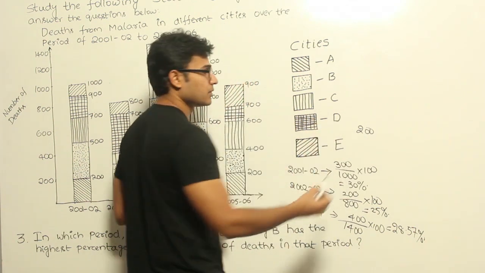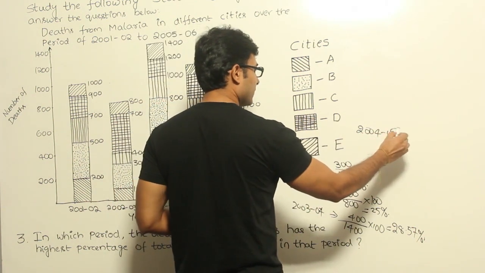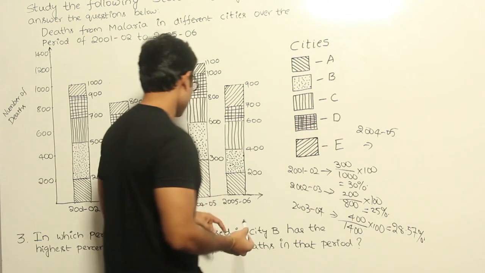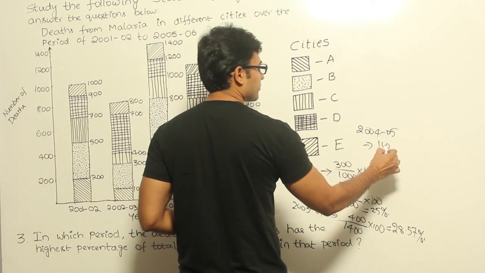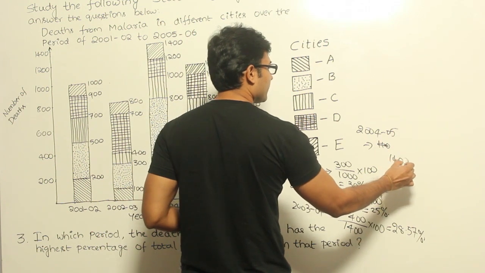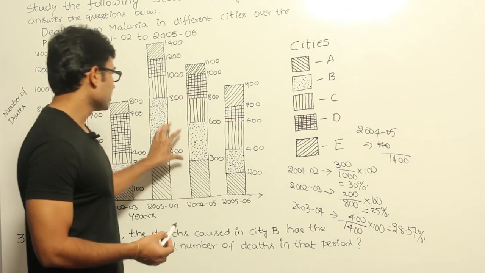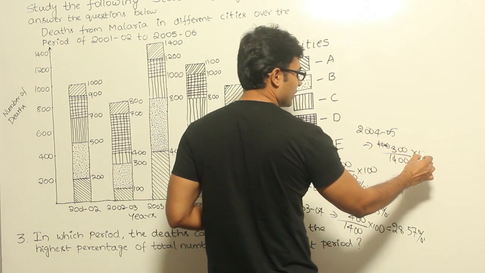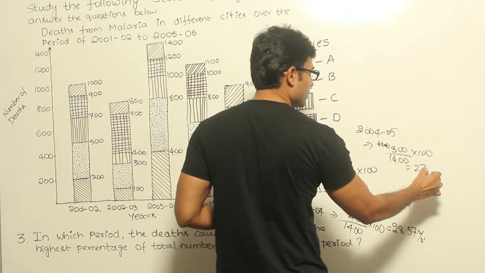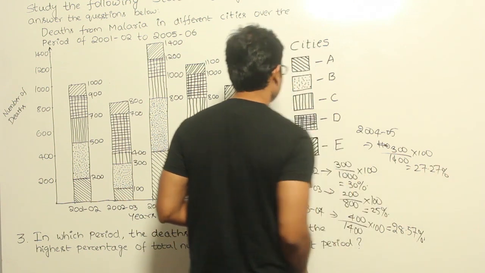Okay, and now for 2004 to 5, is it visible? Now the total number of deaths is 1100, and out of this 1100, city B has contributed 300. So this one is going to be 27.27%.